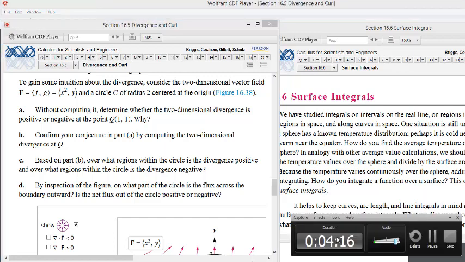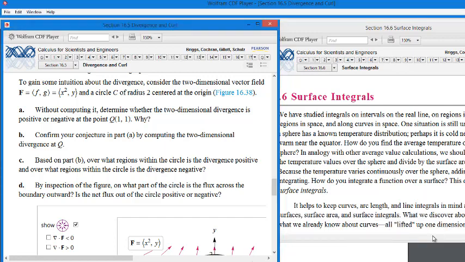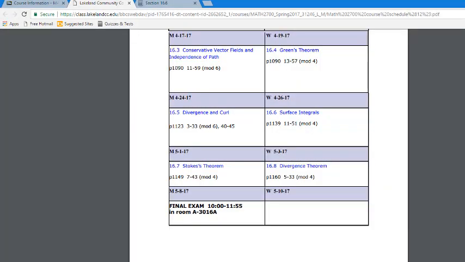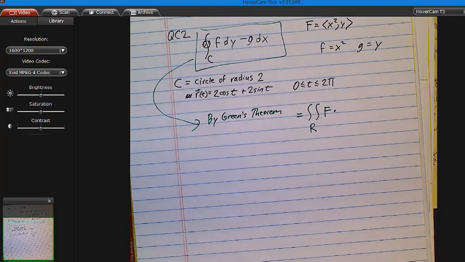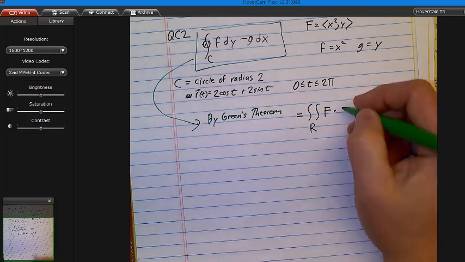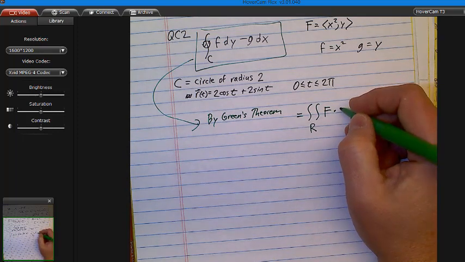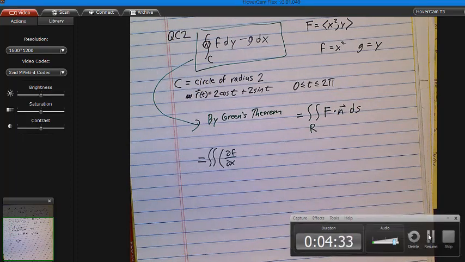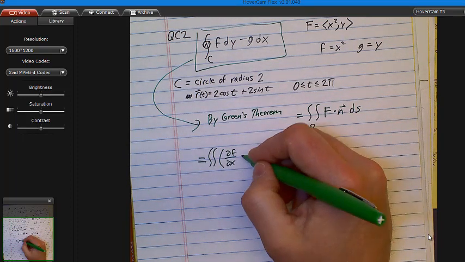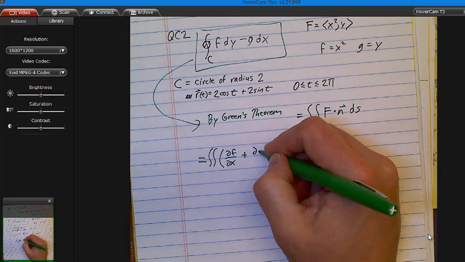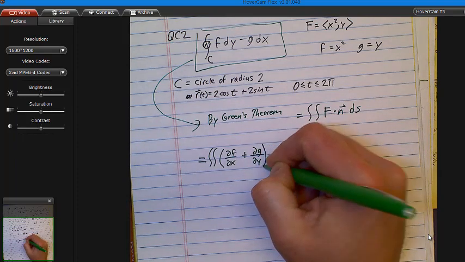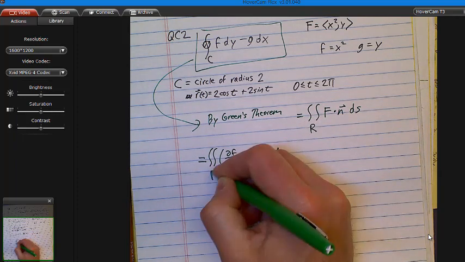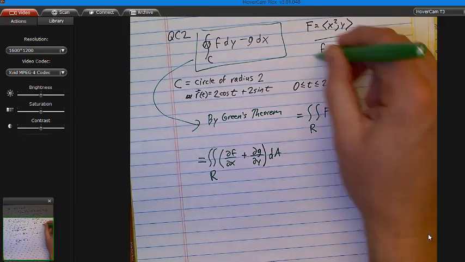Hang on. How do you know which way to go on Green's theorem? Whether you go that way or you go back, the double integral of the partial of f with respect to x plus the partial of g with respect to y, so df dx plus dg dy dA. Maybe that's easier just because I already wrote down what f and g are, right?